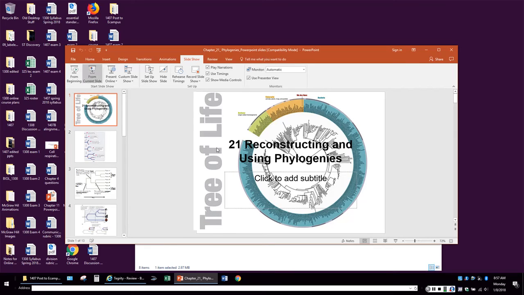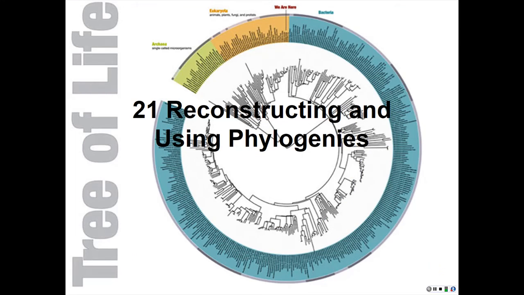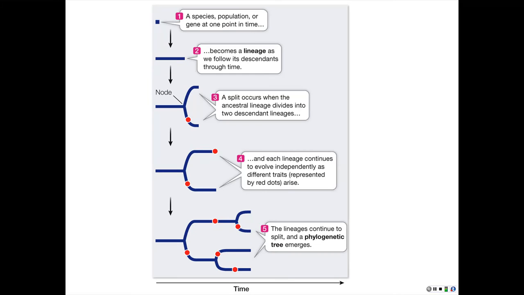So welcome to chapter 21, constructing and using phylogenies. You're wondering, what is a phylogeny? A phylogeny is the ordinary history of a relationship among organisms.